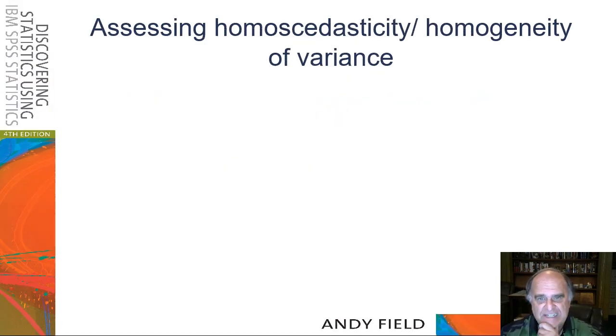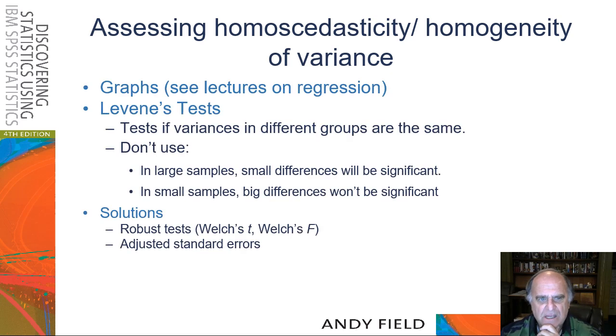In terms of assessing homoskedasticity and homogeneity of variance, we can do graphs. We'll look at that when we get to our lecture on regression. There's a test called Levene's test. Levene's test tests if variances in different groups are the same. You shouldn't use it if you have large samples, because then small differences will be significant.